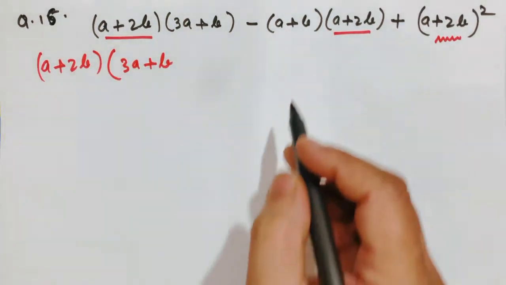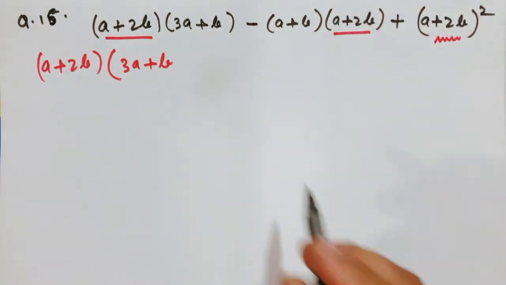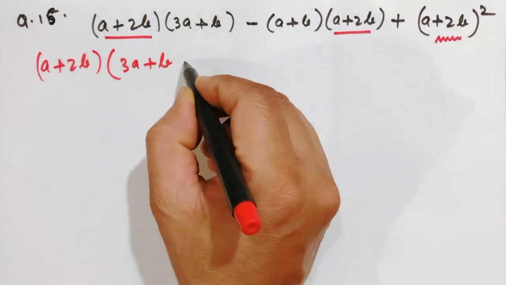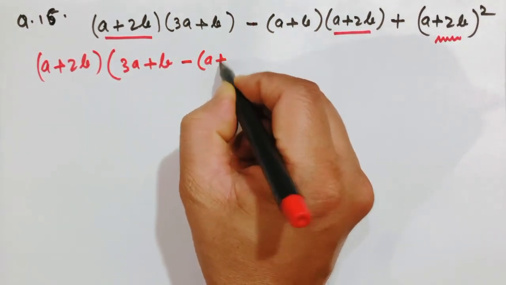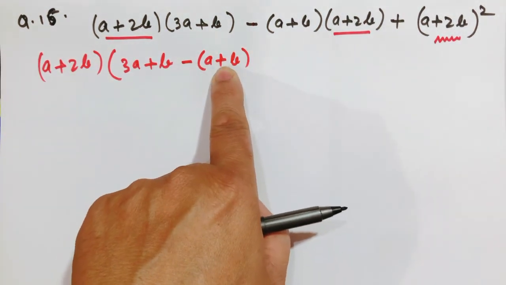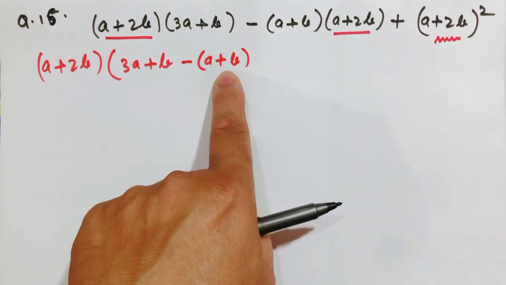Now here you have a minus sign. That is why we shall not write a plus b minus a plus b. Instead we'll write minus, a plus b in bracket. We'll write in bracket because we'll have to multiply. Either you can multiply it over here or you can multiply it later on.